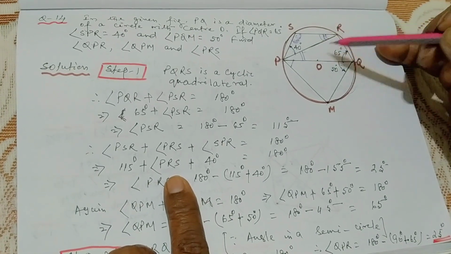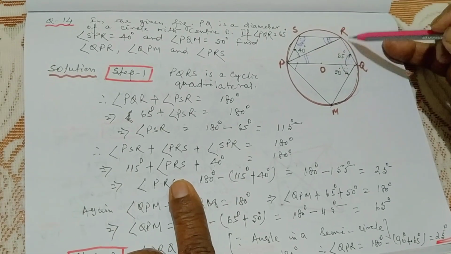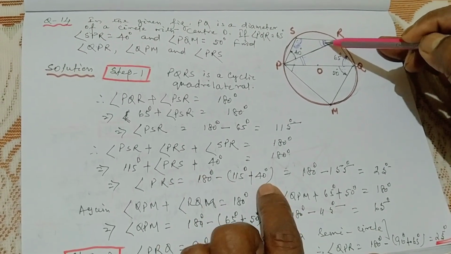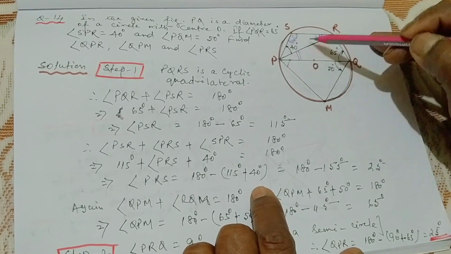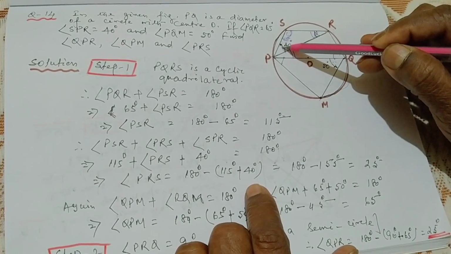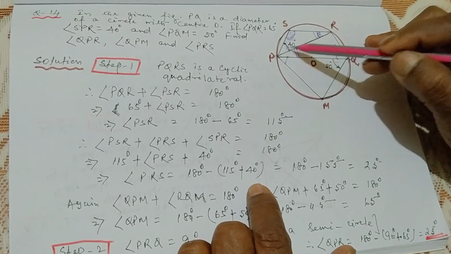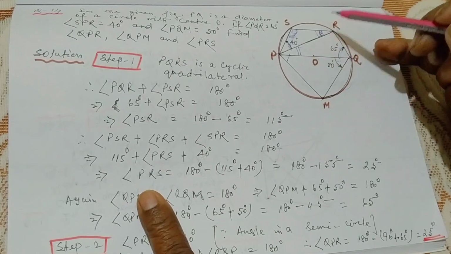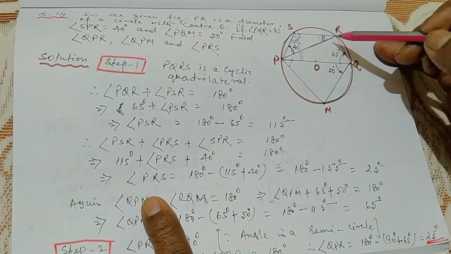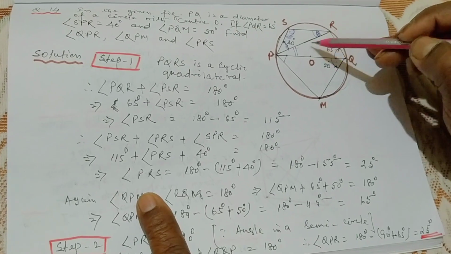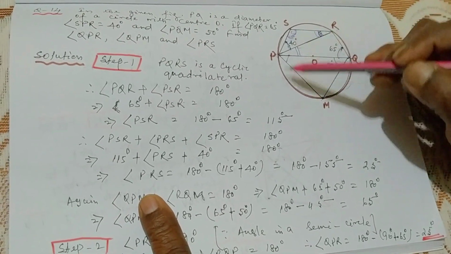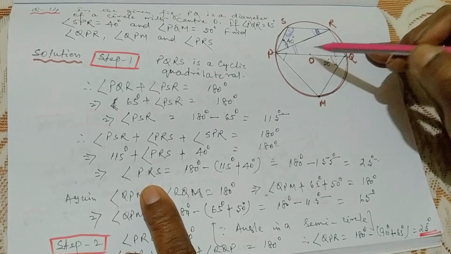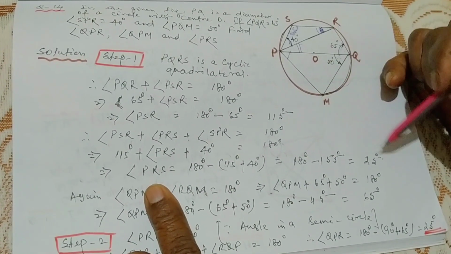And PRS, this angle, plus angle SPR, this is 40 degree. It is given in the question, and the sum of these three angles is equal to 180. So now, therefore, the angle PRS is equal to 180 minus the sum of these two angles. So that is equal to 25 degree. That means the value of angle PRS is equal to 25 degree.